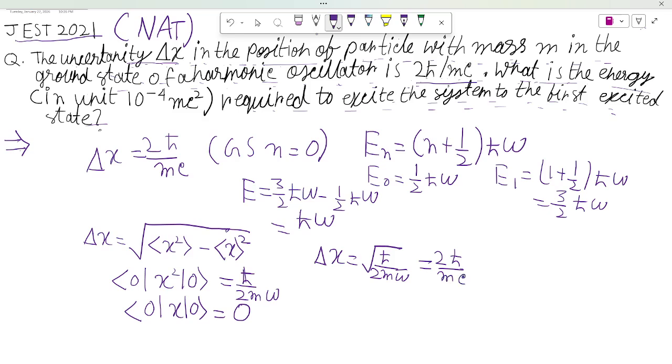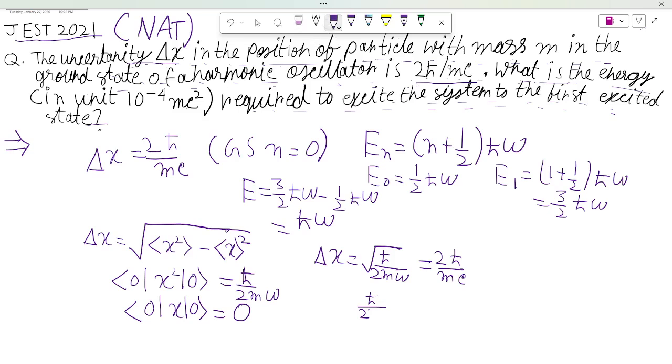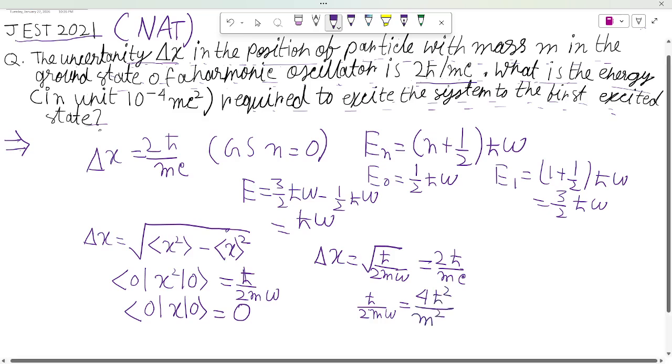We have to find the value of omega. We take the square on both sides. That is h cross by 2 m omega equals 4 h cross square by m square c square.